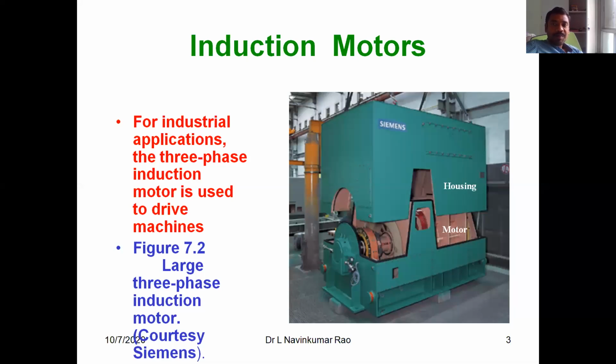Big companies like Siemens manufacture these three-phase induction motors. They are used in industrial applications like rolling mills or cutting mills, where heavy load is there. For 50 kilowatt, 100 kilowatt, or 10, 20, 50 horsepower, we use three-phase induction motors.